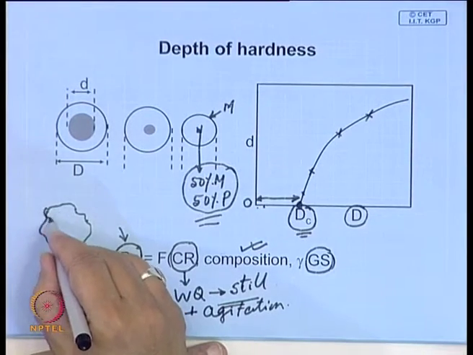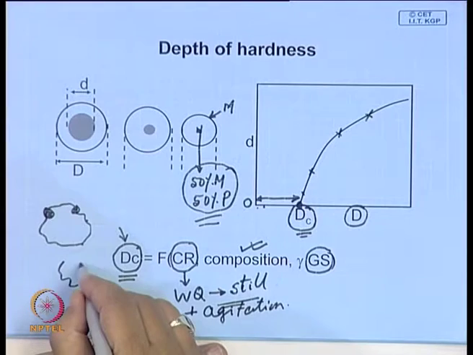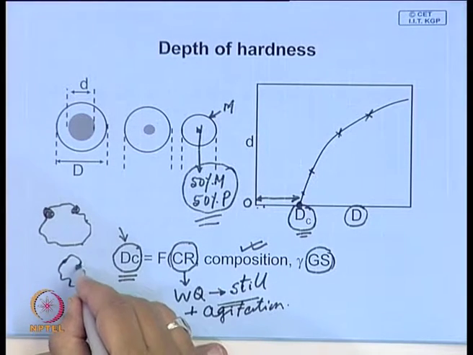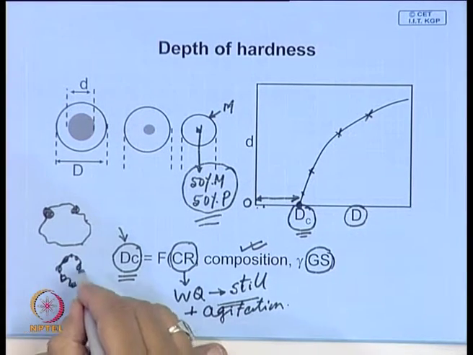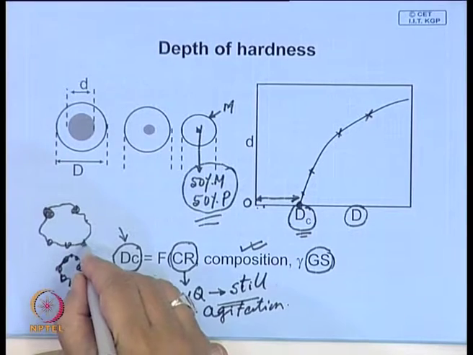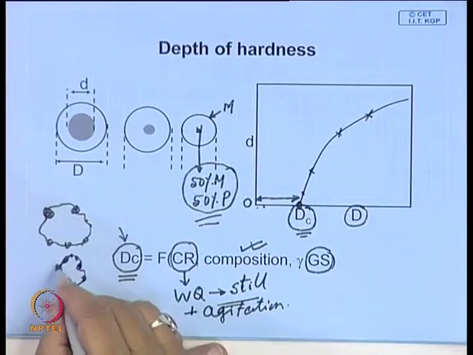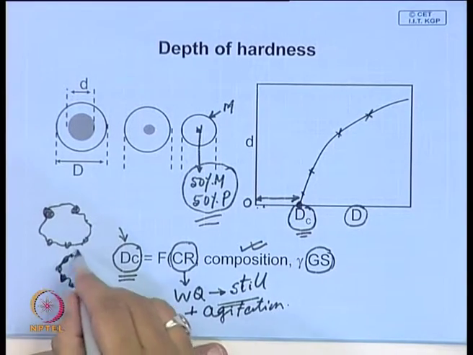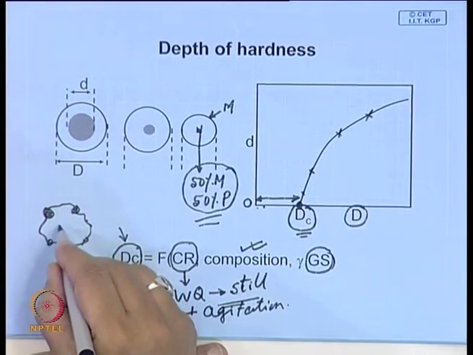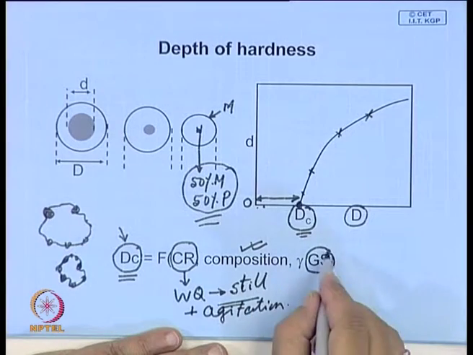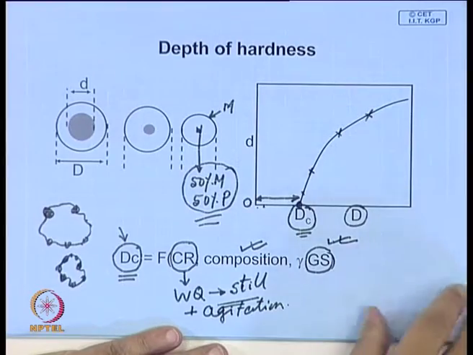Whereas if you have fine austenite, the number of sites at which this transformation can take place is much more, and in coarse austenite this is much less. Therefore, diffusion control transformation here will be slow.